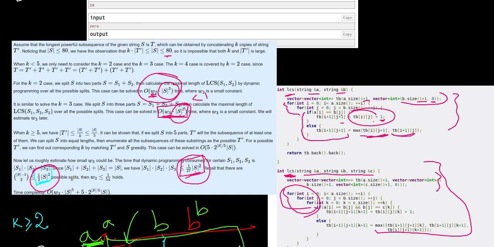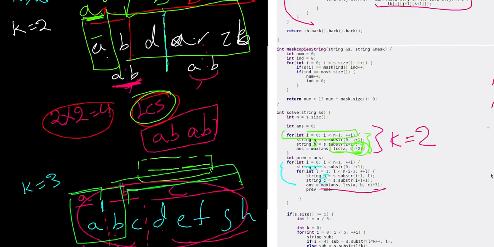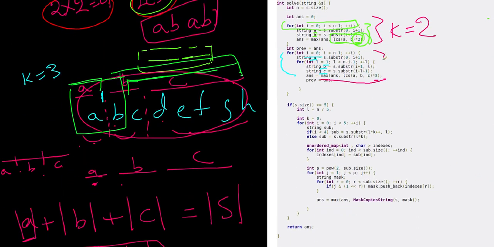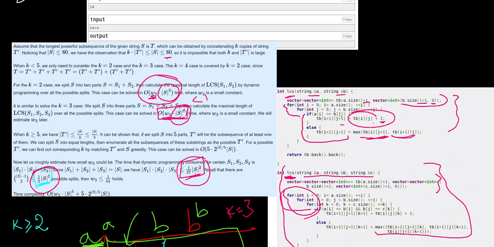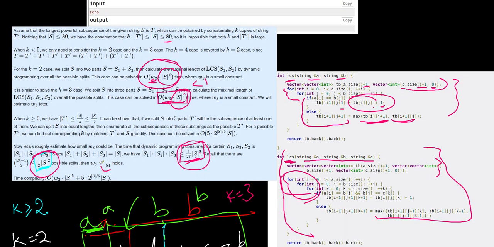And so in total, the time complexity for k equal 3 is this number, 1 divided by 54 multiplied by S to the power 5, which is this one.